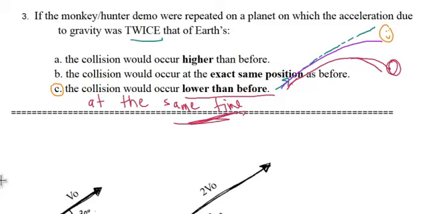Because in that same time, you get gravity pulling you down for free. You don't have to work hard for that. Gravity's doing that for you. So they would collide at the same time. That's kind of tricky. But since gravity's stronger, the collision would happen lower.